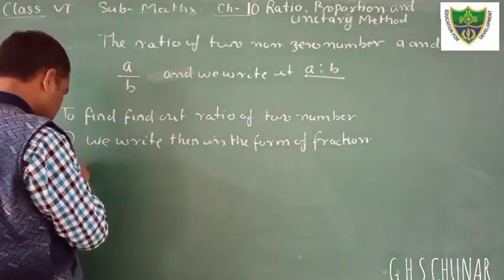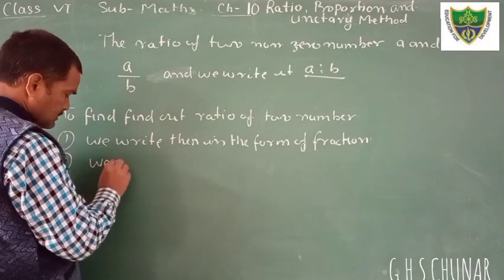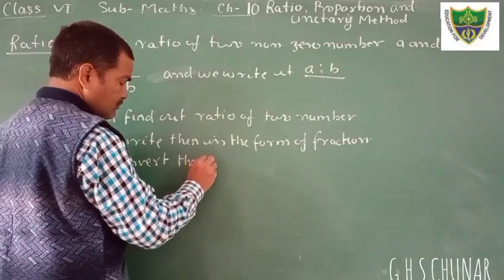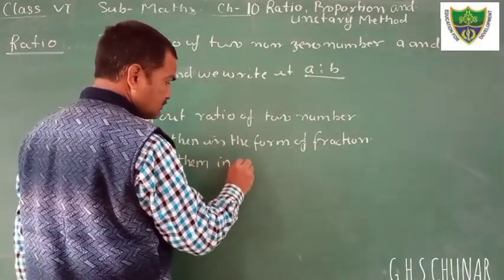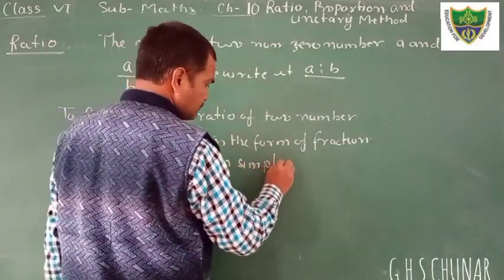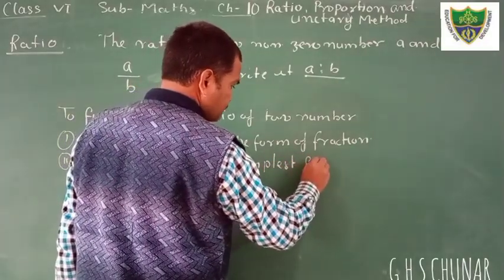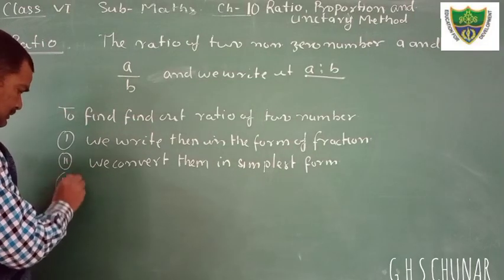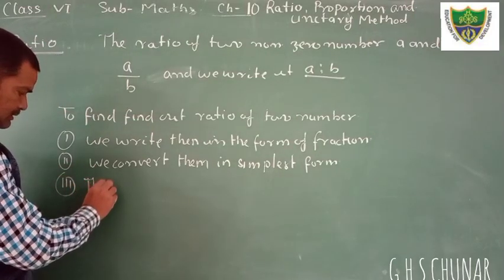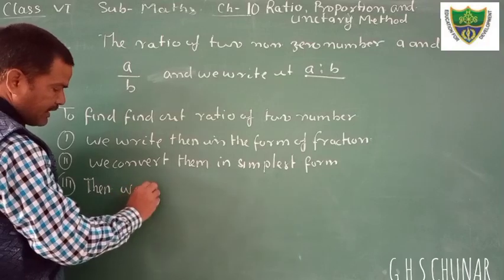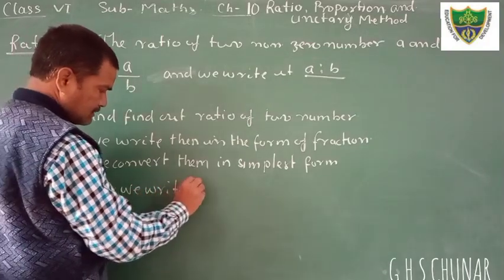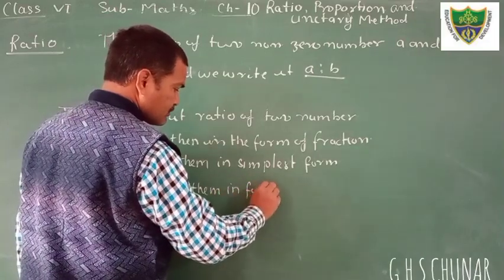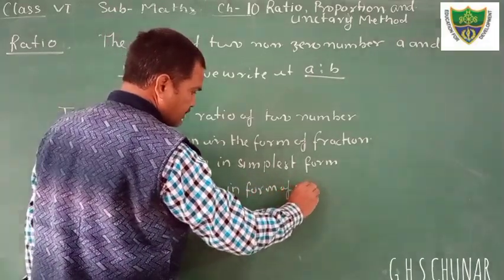Second, we convert them into the simplest form. Third, we write them in the form of ratio.